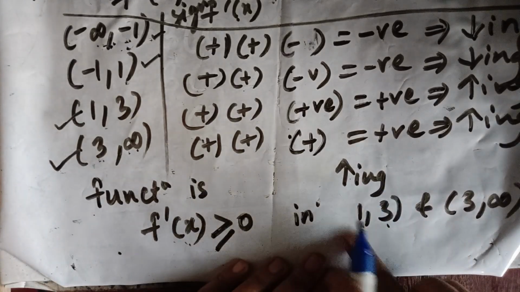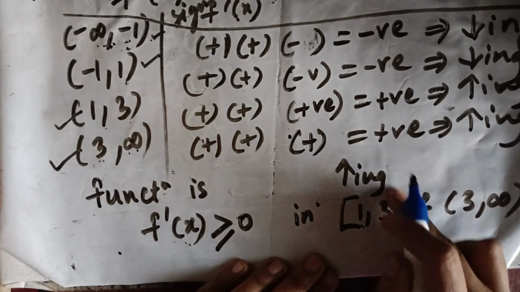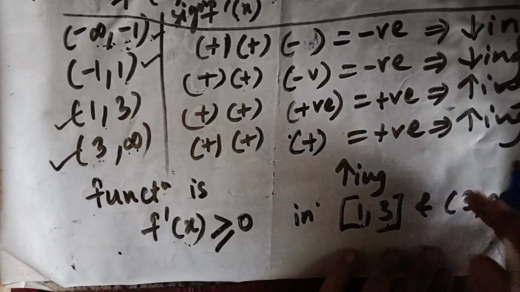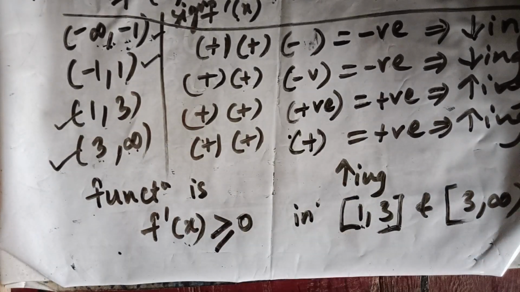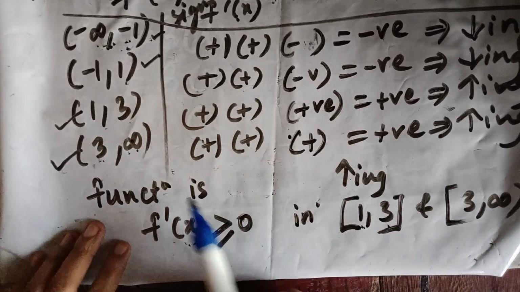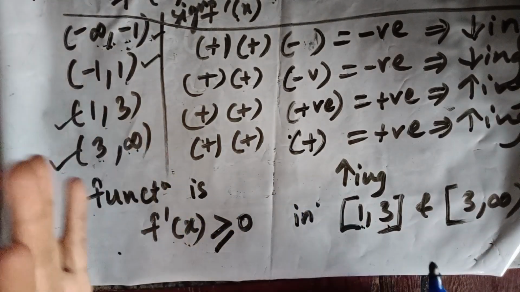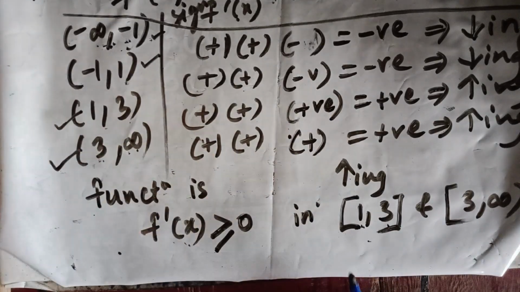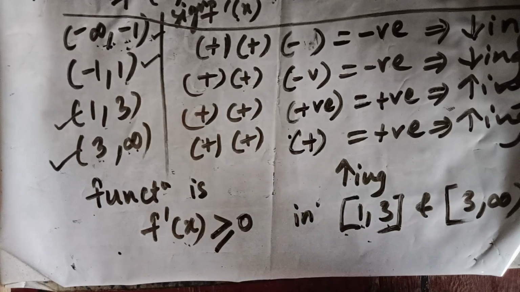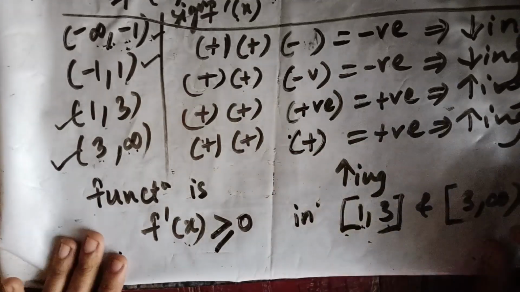So we have to make it a closed interval. This becomes 1 to 3, 3 to infinity. Please keep this in mind. For strictly increasing, we have to write the open intervals. For only increasing or decreasing, we have to write the closed intervals. That is, we have to include those points.